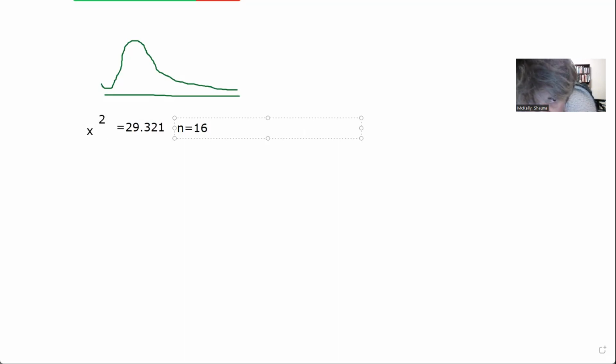And my test is right tailed, okay? So that means I'm looking at something that looks like this. I don't know where this is exactly, but this is my chi-squared right here. Now my p-value is going to be in the direction that my tail area is going. So my p-value is going to be here.